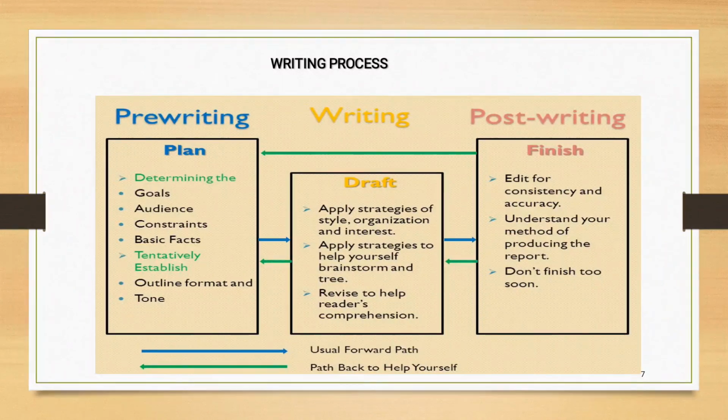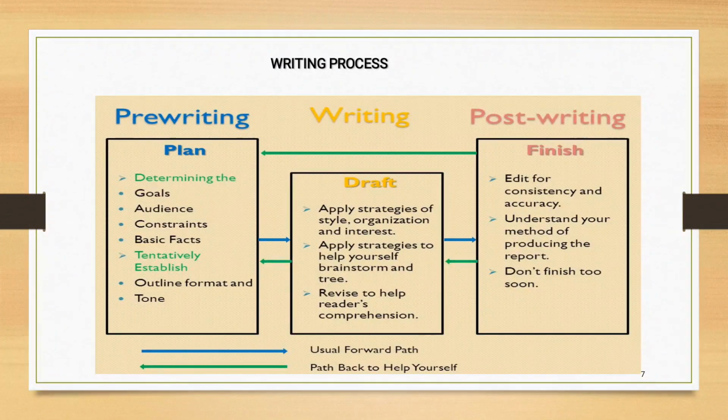The last one is the finishing or the post-writing stage. Here we do the editing. So we check for the alignment of the paragraphs and visual aids that are used in the writing. We revise the paragraphs. The document should read like a well-documented narrative. We also ensure that the document is free from all types of grammatical errors, and also whether it has maintained a uniform style and tone throughout the document.